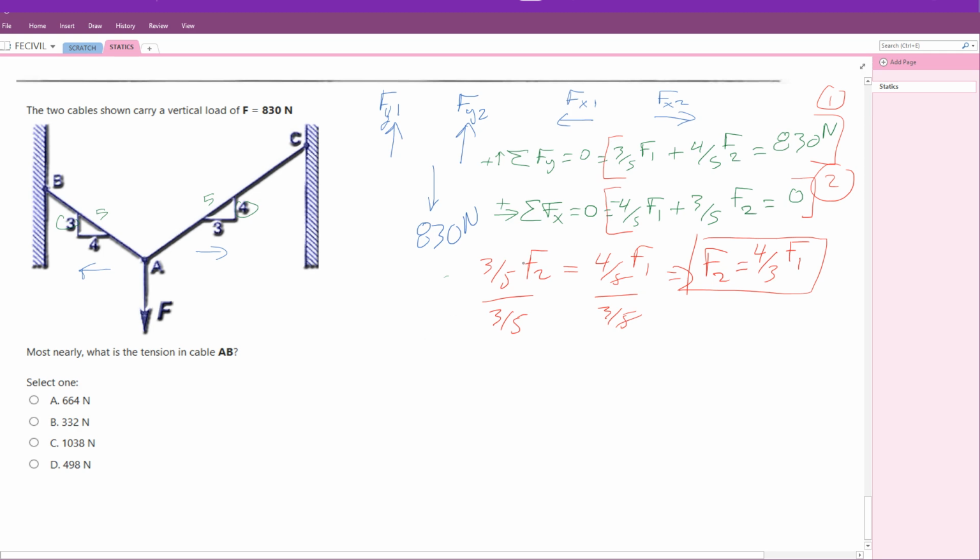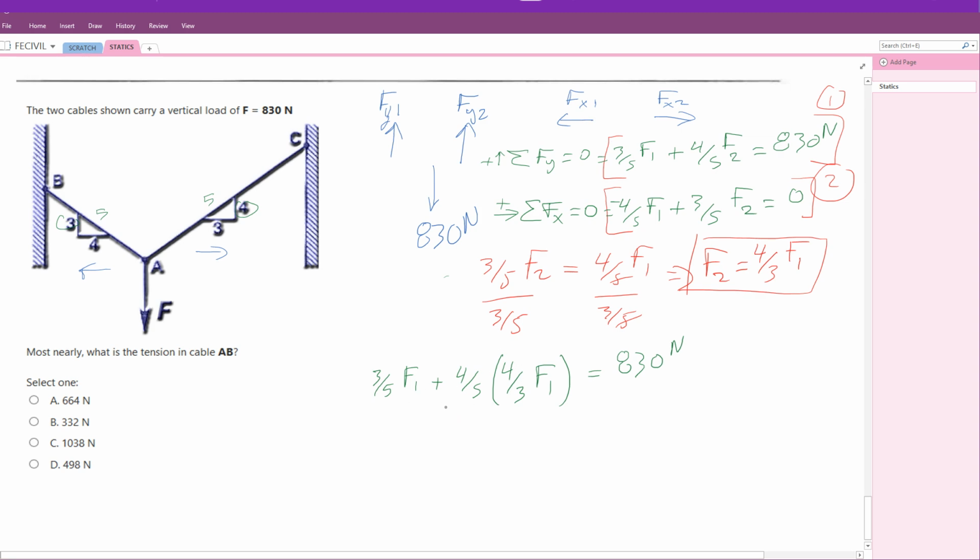Taking equation 1, we have 3 over 5 times F1 plus 4 over 5 times F2, where F2 is equal to 4 over 3 F1, all equal to 830 newtons.